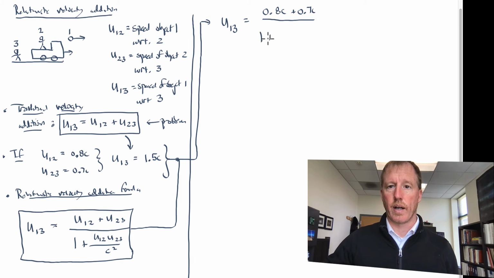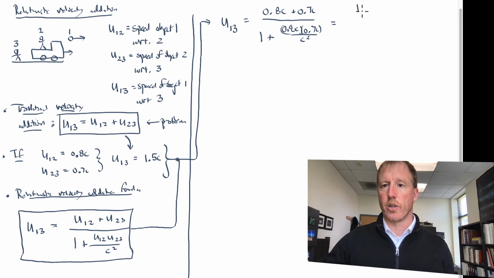And now we have this correction, 0.8 c times 0.7 c over c squared. Okay, so in the numerator we get our 1.5 c as before, but now in the denominator we get 1 plus, well, 0.8 times 0.7 is 0.56, and we have a c times a c would give us c squared over c squared.